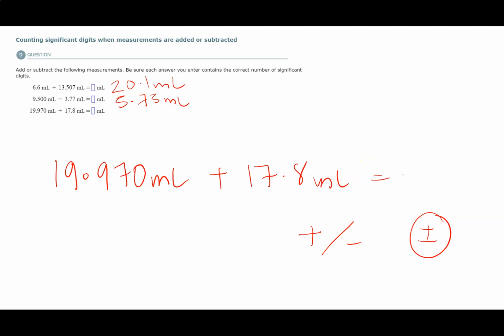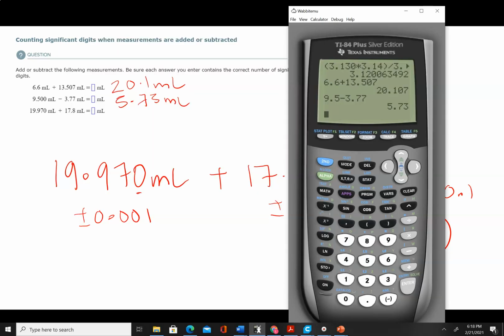All right, so again, we're looking for the uncertainty. So this guy's good out to the 0.001s, and then this guy is only good to the 0.1s. So our answer is only going to go out to the 0.1s. Okay. So we got 19.97. You don't have to worry about putting the 0 on the end.